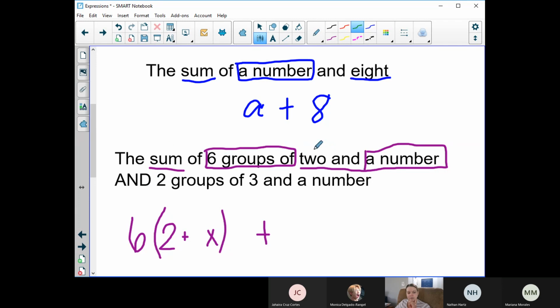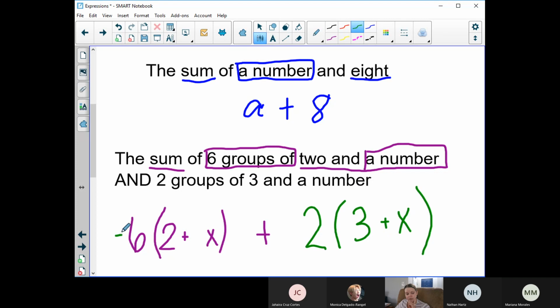So the sum of 6 groups of 2 and a number and 2 groups of 3 and a number. And again, we are adding. 2 groups means I'm going to have a 2 outside the parentheses. 3 and a number, 3 plus x.